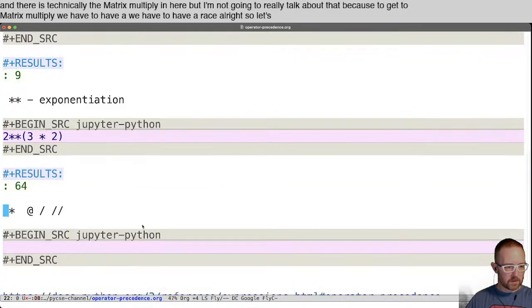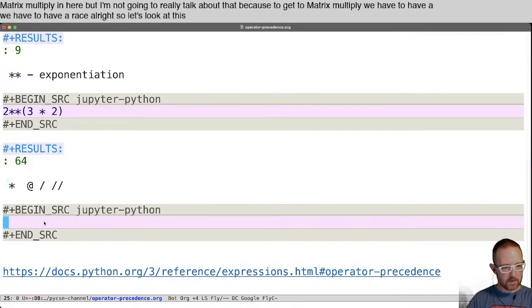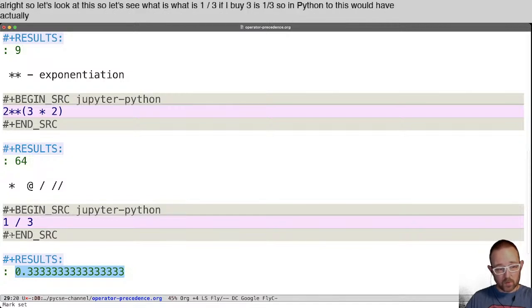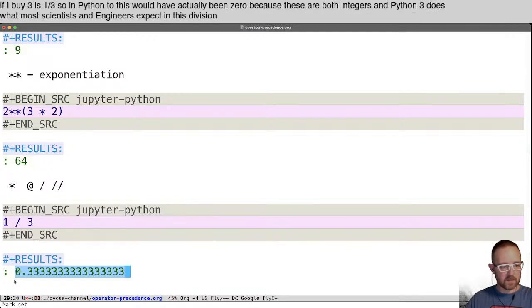So let's look at this. What is 1 divided by 3? 1 divided by 3 is 1/3. In Python 2, this would have actually been 0 because these are both integers. And Python 3 does what most scientists and engineers expect in this division, which makes it the float number 1/3.